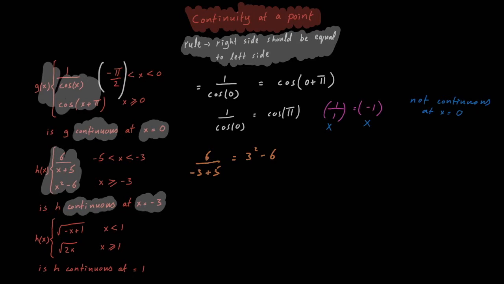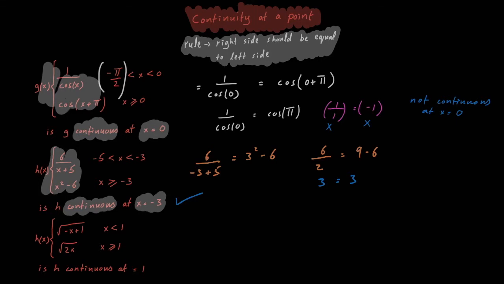So the left side would become 6 divided by 2 and the right side would become 9 minus 6. So this is 3 is equal to 3, and as the left side is equal to the right side, it is indeed continuous at -3.